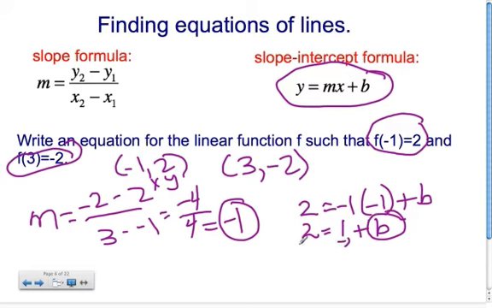Solving for b by subtracting 1 from both sides, I get b to be 1. So if I write using my slope and my y-intercept, I get y equals -1x plus 1, or -x plus 1. This should be pretty much review for most of you because we've done this in Algebra 1 and in Algebra 2.